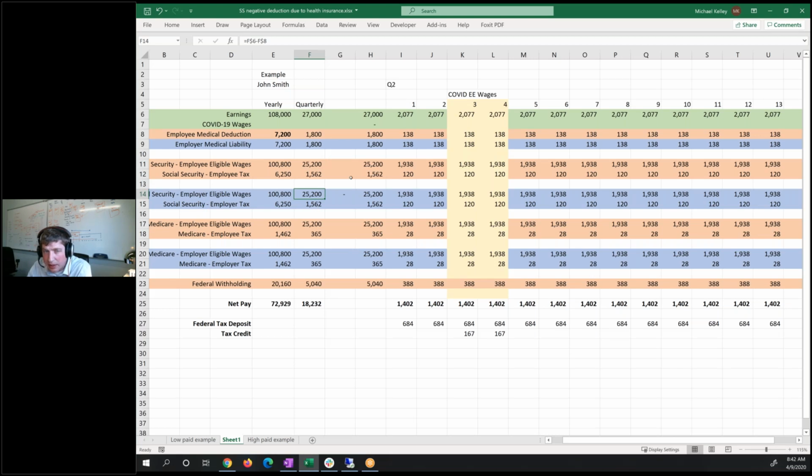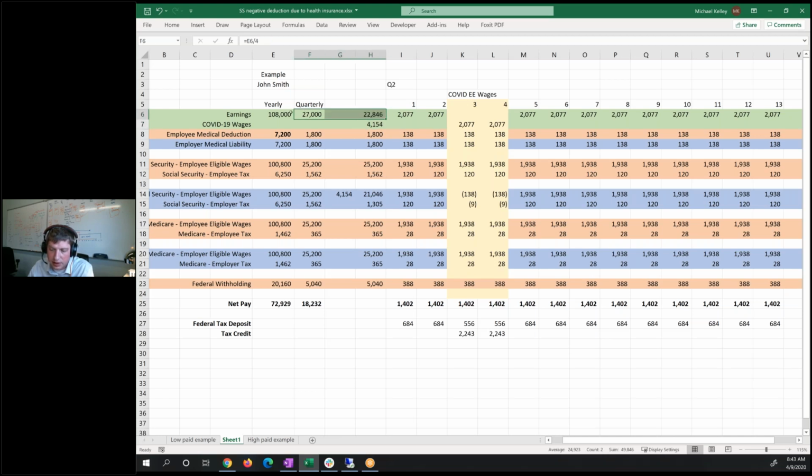So how does this play if you have COVID earnings? For weeks 3 and 4 here, we're going to pretend that John Smith did not receive regular wages, regular earnings, but received COVID earnings instead. So he's still getting paid the same overall for the calendar quarter. You can see here my sum is $27,000 between these two earnings, regular earnings and COVID earnings.